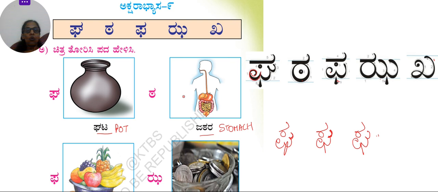So this is 1, 2, 3, 4, 5 and 6. So that is how you write Gha. Once again, 1, 2, 3, 4, 5 and 6.